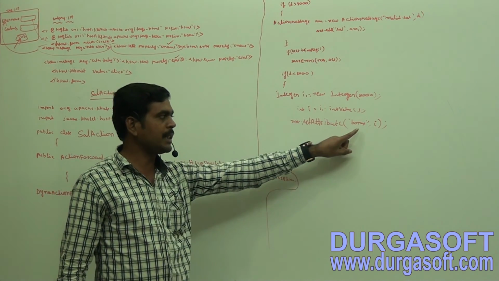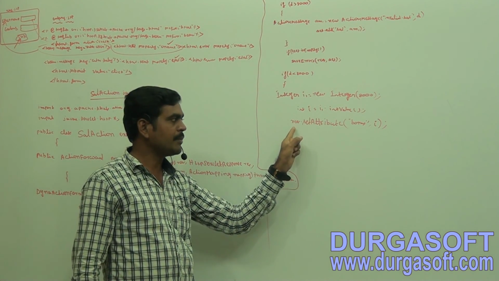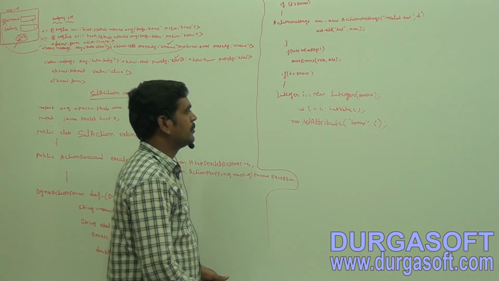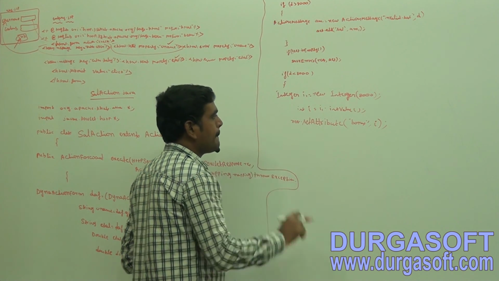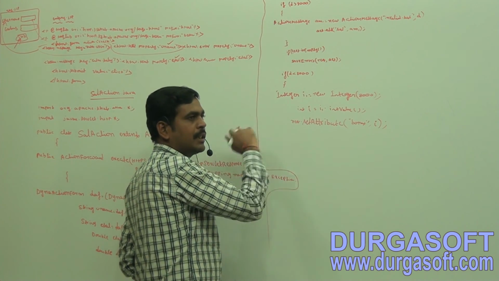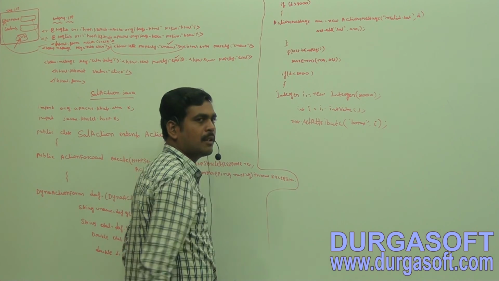Now in the front end we can pass this bonus and get this value. In which scope are we setting? Request scope. The next, how much time is this value available? Until the response comes back. Once the response comes back, that value is gone.